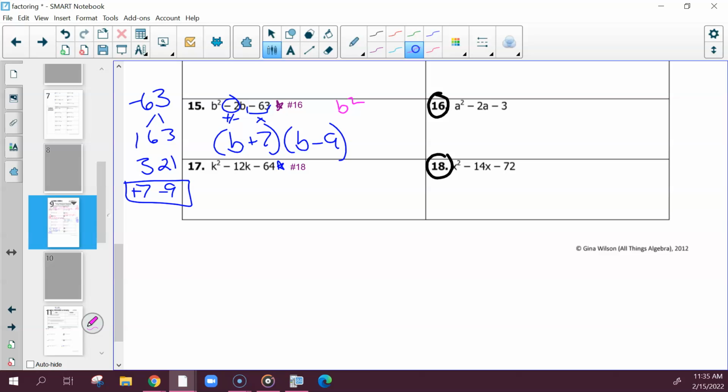B times negative 9 would be negative 9b. 7 times b would be positive 7b. 7 times negative 9 would be negative 63. Combine your like terms, we have b squared minus 2b minus 63. So that works. Before we do our last one, what questions do we have on that?